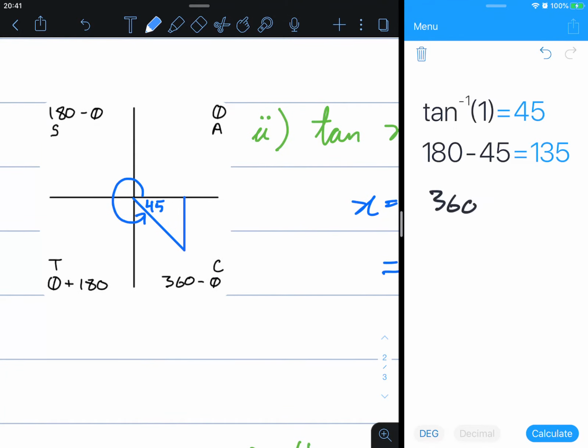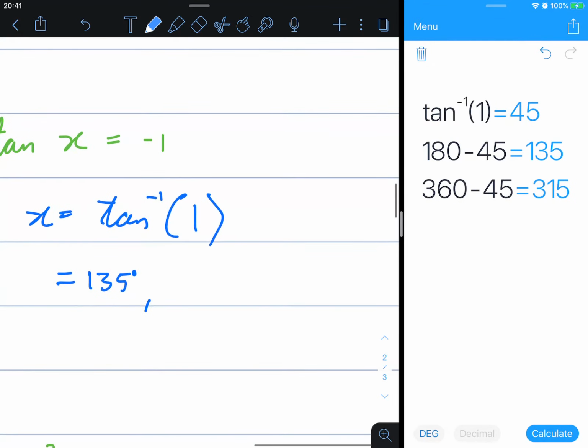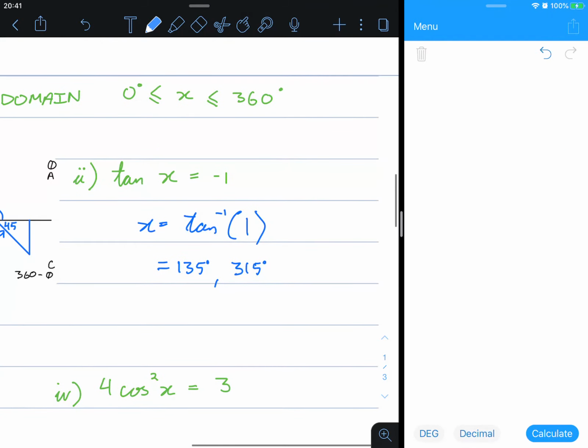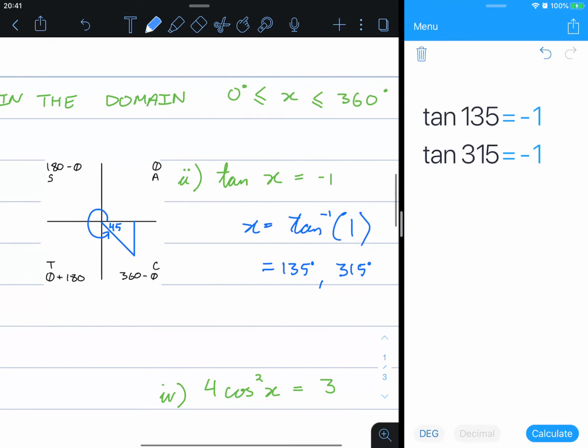So 360 take away 45 is 315. Again, just to really illustrate the point, we can test this. We can go tan of 135 and tan of 315. If we did this correctly, both answers should be -1. And we are correct.